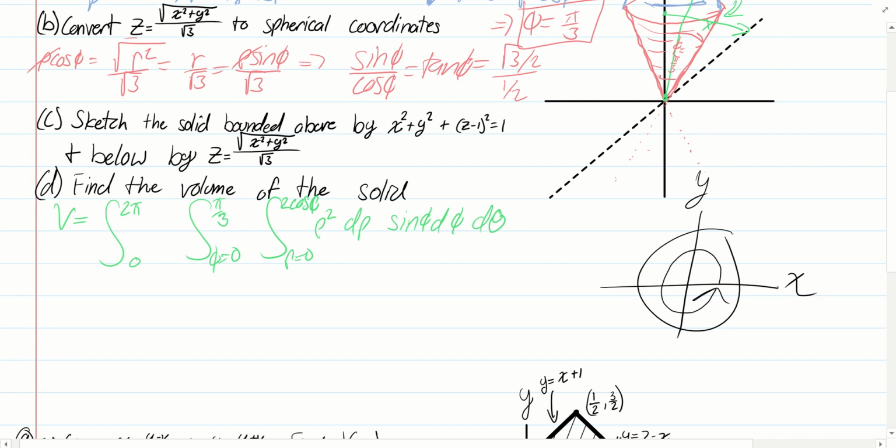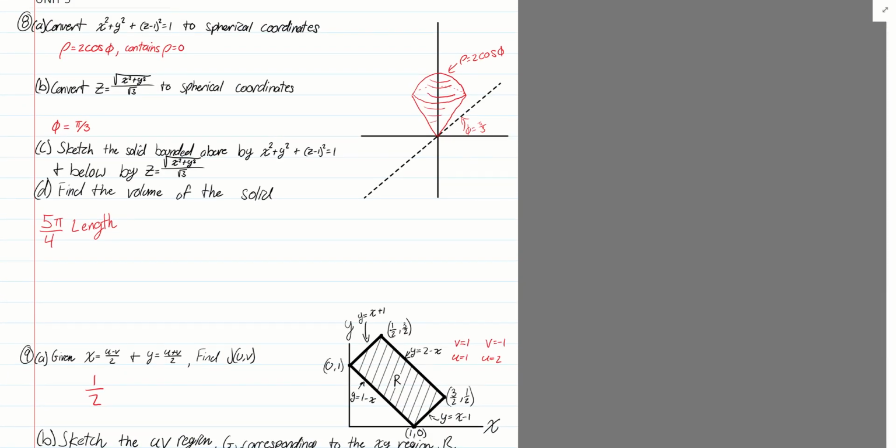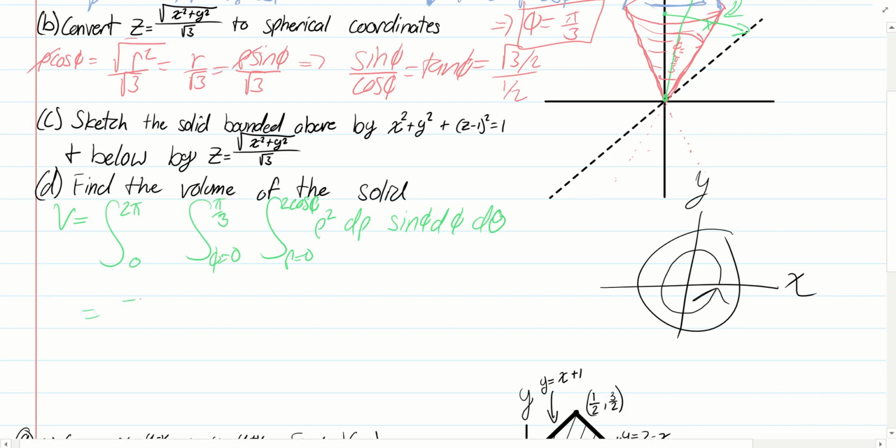All right, I could solve for this, but I'll just tell you the answer. The answer is just 5 pi over 4. That should be in length cubed. So it equals 5 pi over 4.